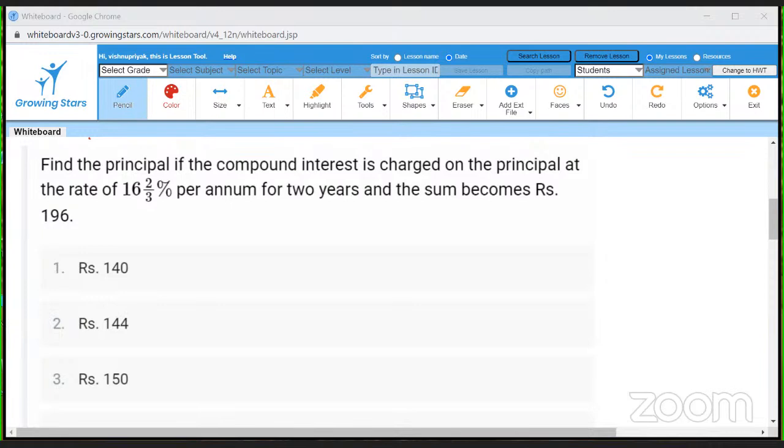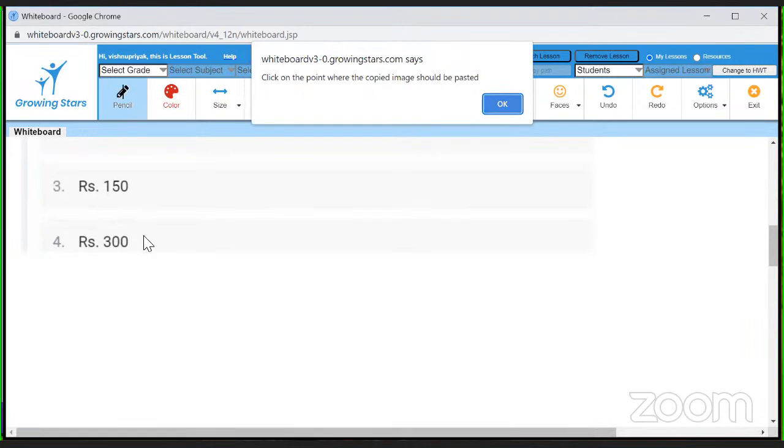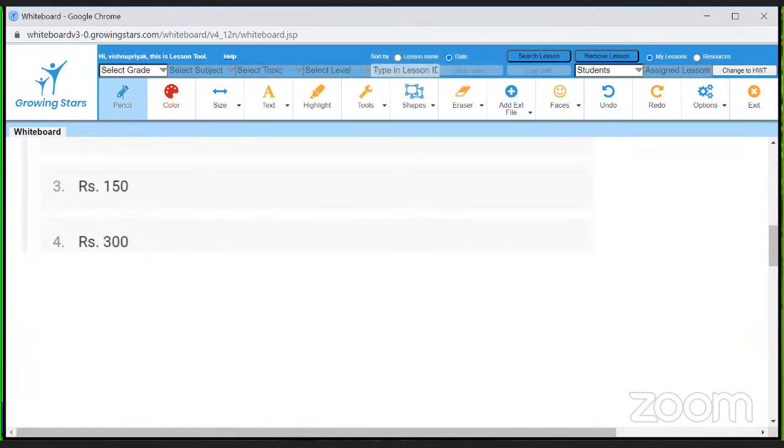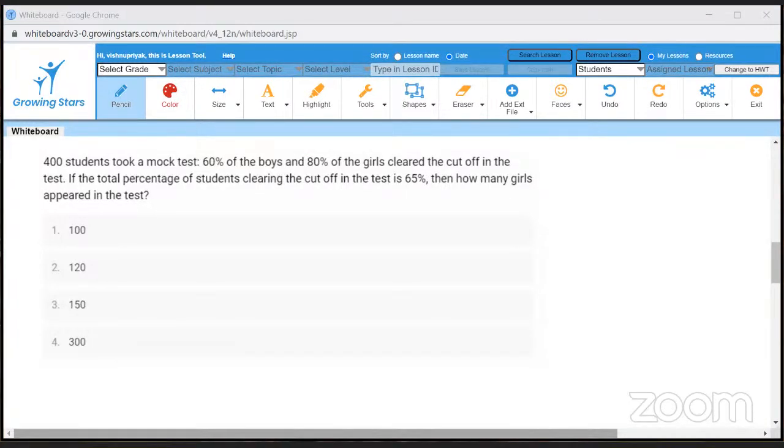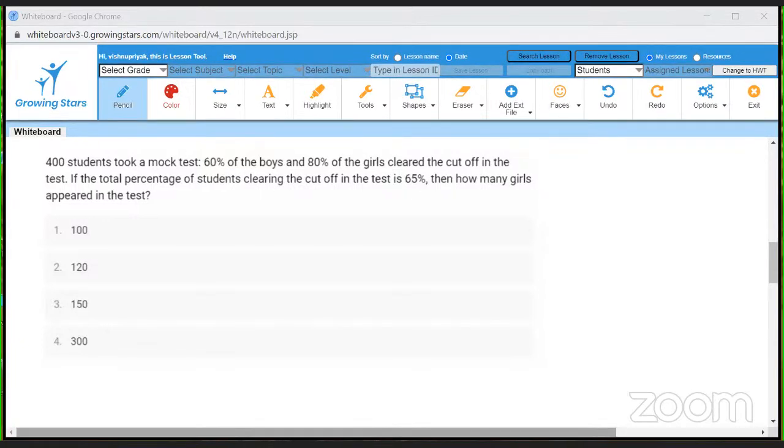These difficult questions you can try. This is another question for homework. Next, another question for homework.